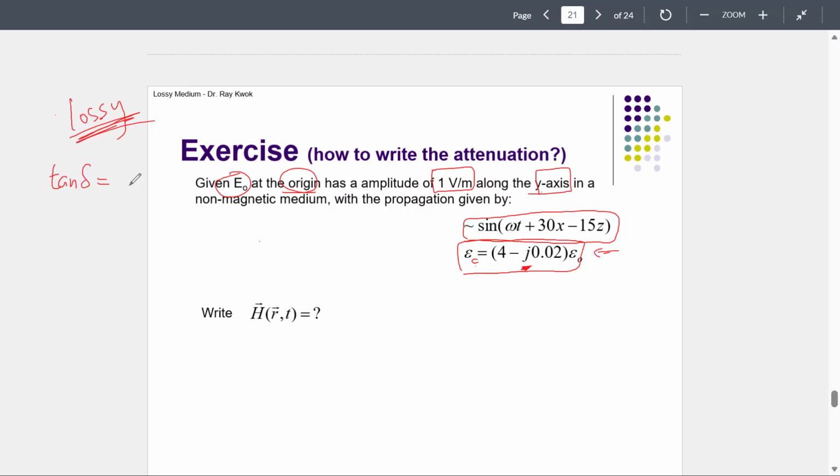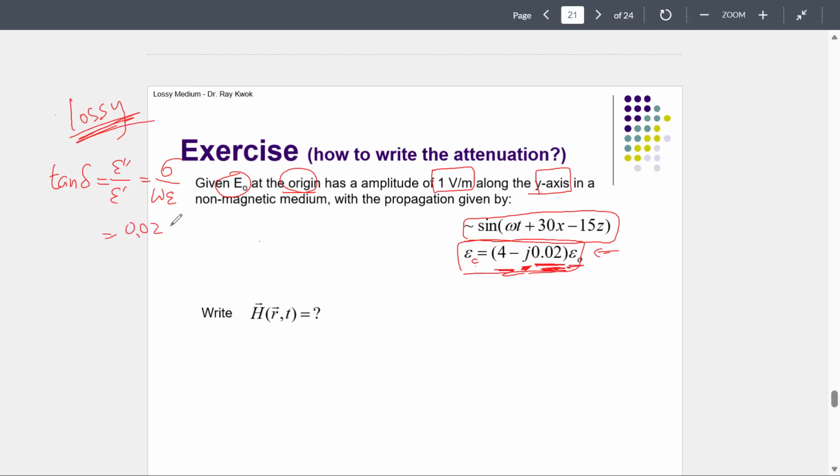But how do I calculate the loss tangent? This is epsilon double prime over epsilon prime, which is the same as sigma over omega epsilon. Now here I already know epsilon prime and double prime. I don't know sigma. I don't know the conductivity. It's not mentioned in this problem, right? So right away, I know epsilon double prime is 0.02 times epsilon naught.